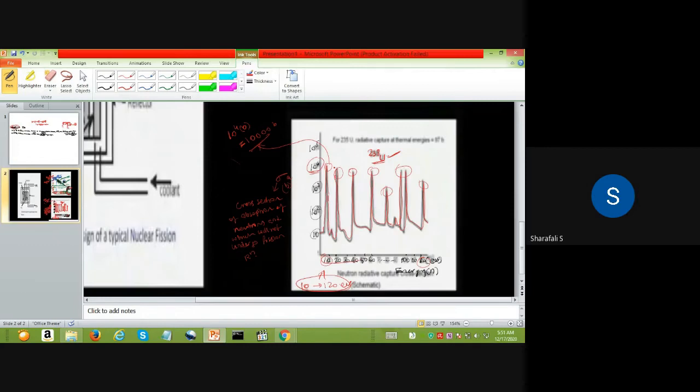It will just go to an excited state and de-excite by emission of gamma radiation. So even when thermal neutrons are absorbed by uranium 238, it will not produce nuclear fission, but just get excited, then de-excite and produce the ground state nucleus. This is also possible along with the fission cross section that we considered just before.